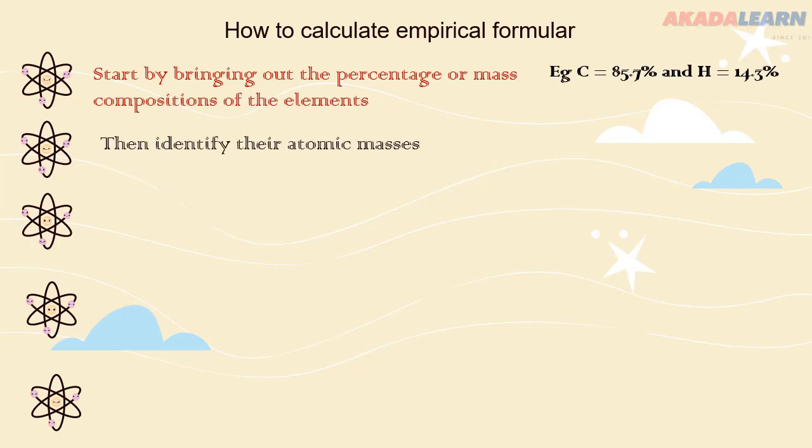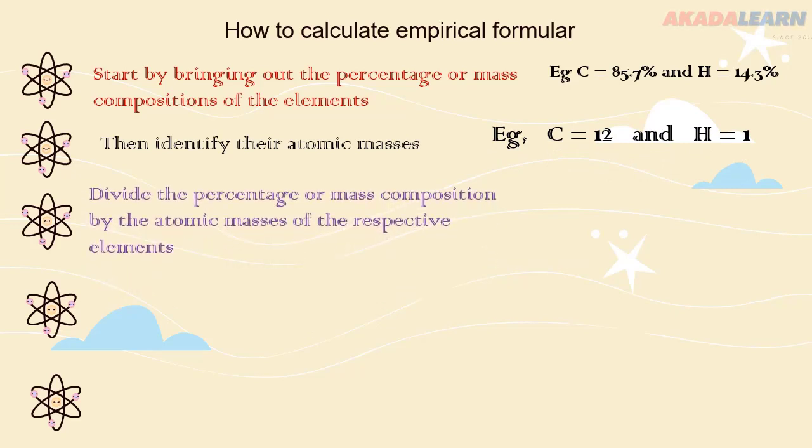Then the next step is that you will identify the atomic masses of each of the elements. In this case, carbon is always 12, that is the mass of carbon, while hydrogen is always 1. The next step, you are going to divide the percentage or mass composition by the atomic masses of the respective elements.